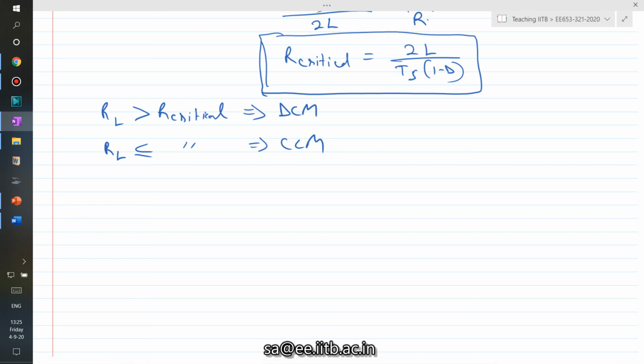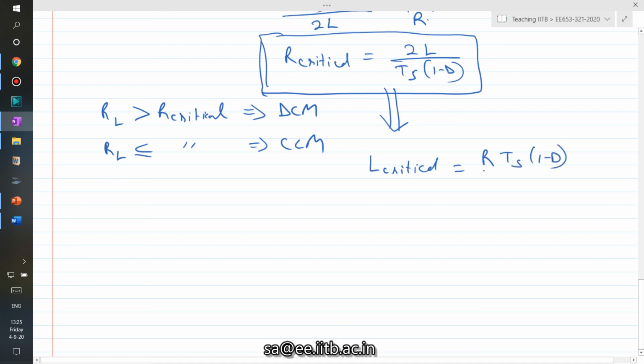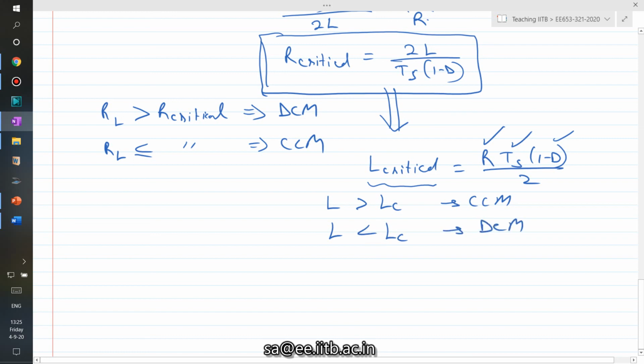You can rearrange this formula and say L critical is equal to R load into Ts into 1 minus D by 2. If you have load resistance, Ts and duty cycle fixed, and you use an inductor of a value larger than L critical, then you will be operating in CCM. So if your L is greater than L critical, you will be in CCM, and if your L is less than L critical, you will be in DCM.